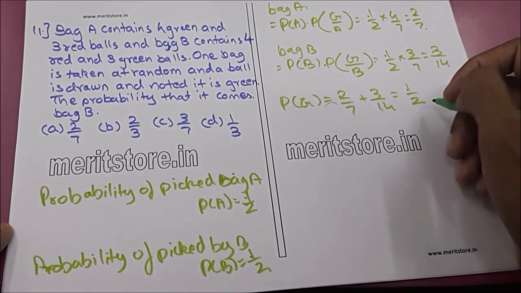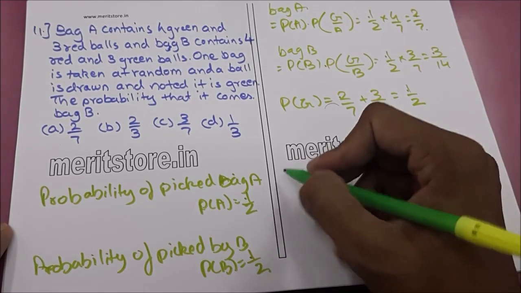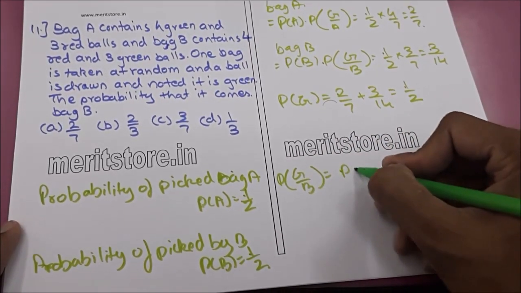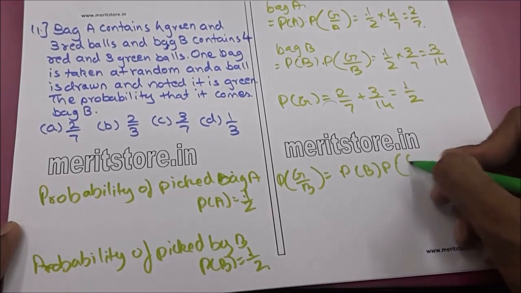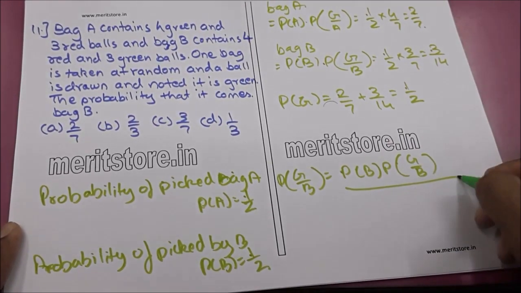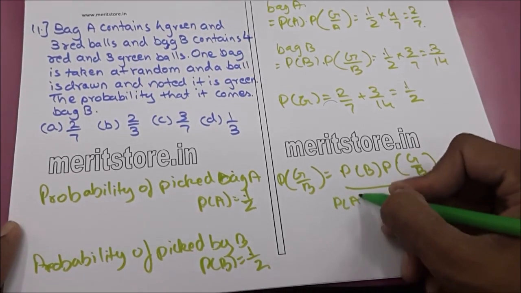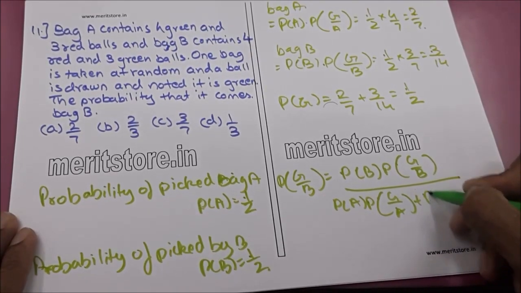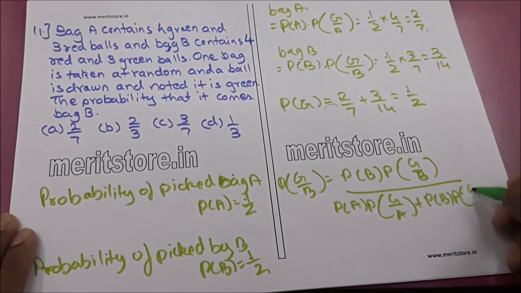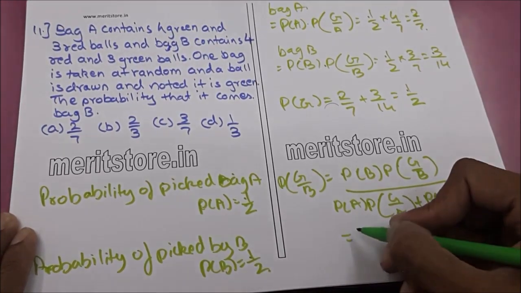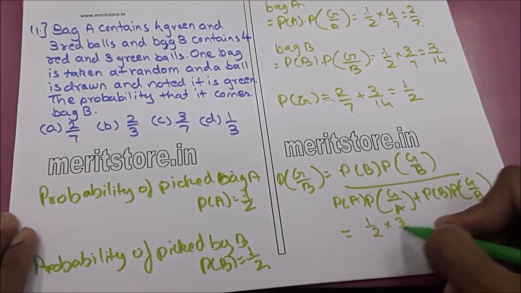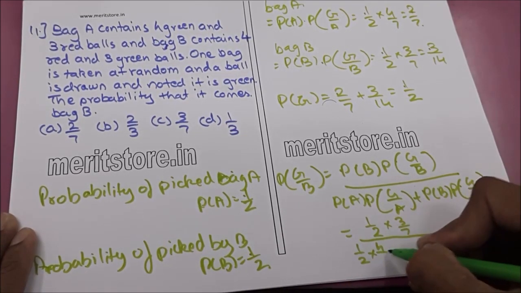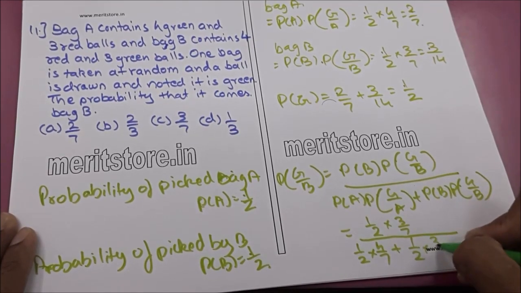Probability of the fact that the green ball is drawn from bag B, we use Bayes' theorem, that is probability of B upon G equal to probability of B into probability of G upon B, upon probability of A into probability of G upon A plus probability of B into probability of G upon B, which is equal to 1 by 2 into 3 by 7 upon 1 by 2 into 4 by 7 plus 1 by 2 into 3 by 7.